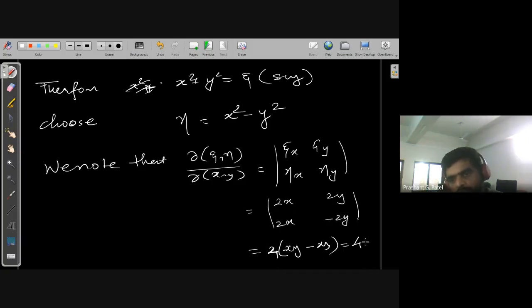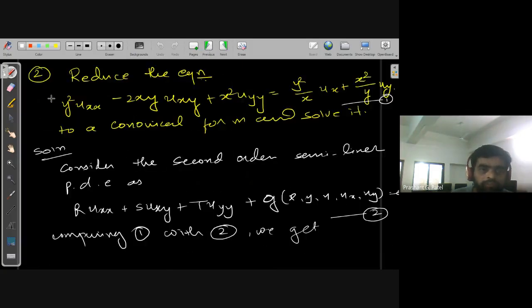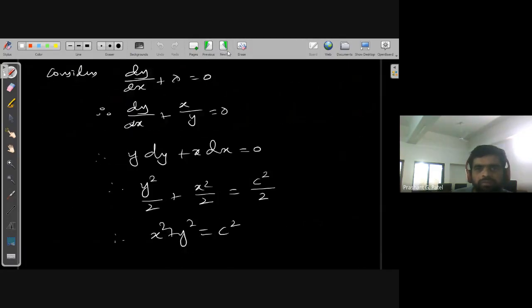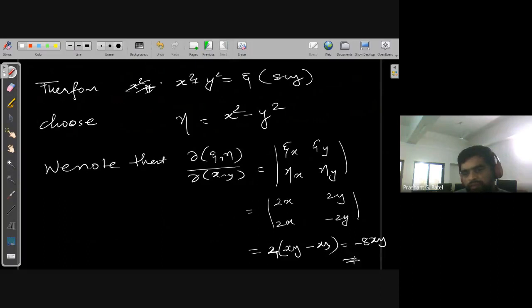So it is minus 8xy. Since x and y are both non-zero, because if both are 0, then the equation is trivially satisfied and there is nothing to find out in that manner, this is not equal to 0. So since this is not equal to 0, we can say that xi and eta are independent.